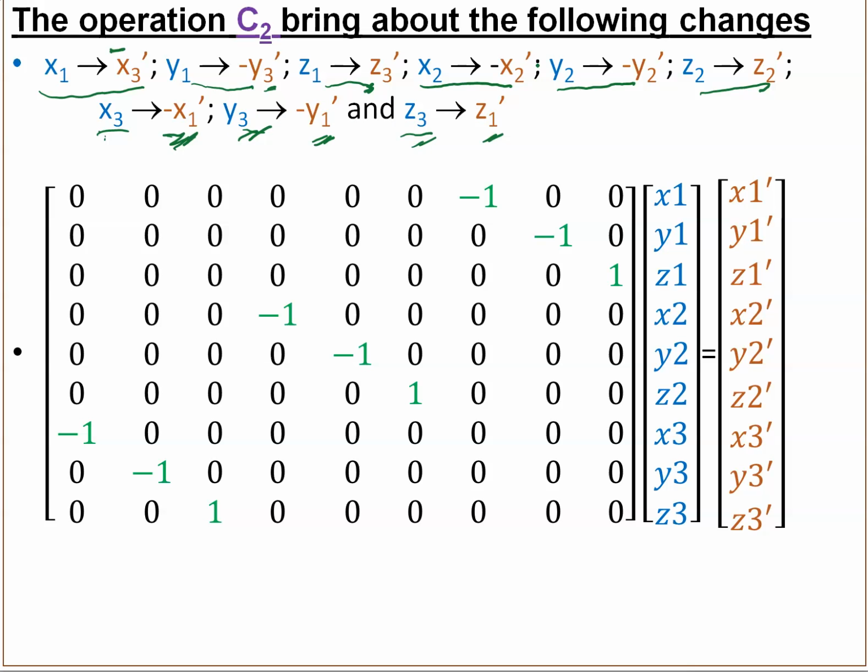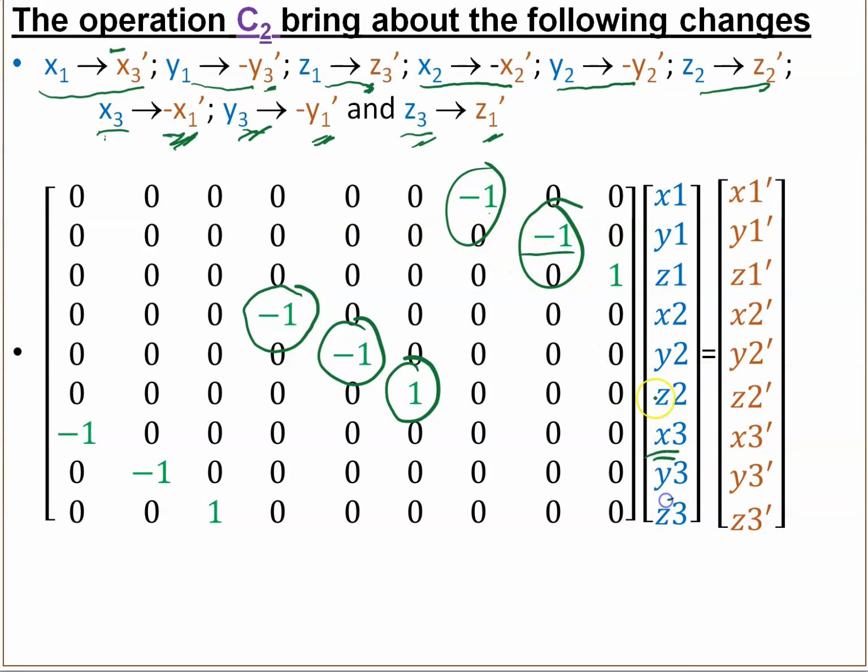So the matrix looks like here. Only the x2, y2, z2 characters are present on the diagonal. All others are non-diagonal. The transformation of x1, y1, z1 changes their position. x1 becomes minus x3 dash, that is, x1 is equal to minus x3.